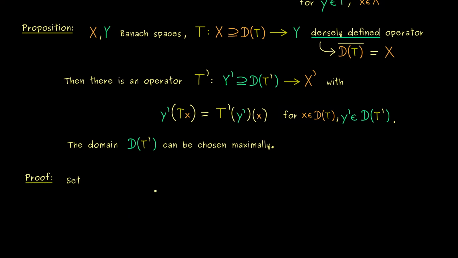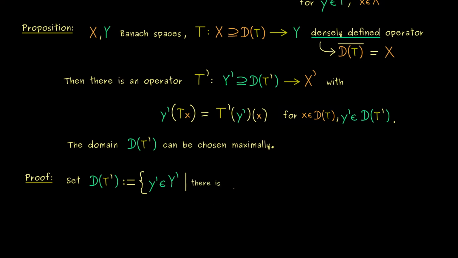And now the proof is actually not so hard because we only have to define the domain in this proposition. Which means we have to take the suitable functionals for this equation here. And then the question is, how can we do that? So which functionals y prime are good enough for us? Now, since we want to get out a functional on X, it makes sense to claim that here.